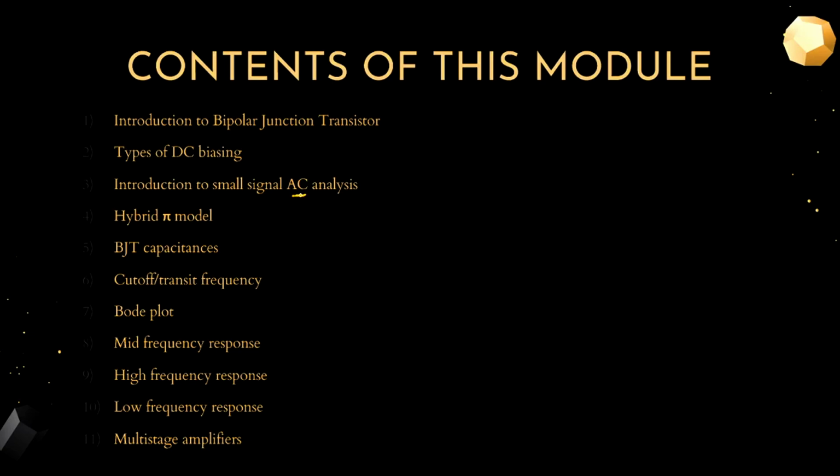When it comes to AC analysis, we'll only be talking about small signal analysis. That is, when your input voltage is really small, and to be precise, the input voltage is lesser than your base emitter voltage.